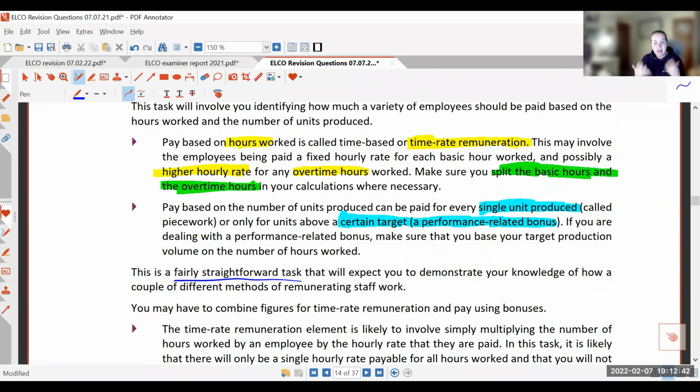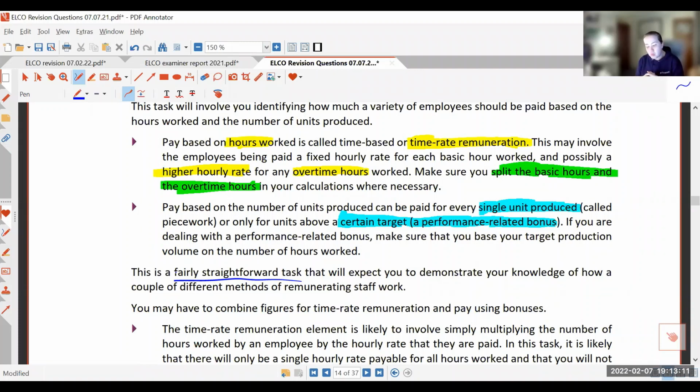It's about being thorough, doing those calculations and checking them. But it does require you to know the different methods, how they work, and in some cases how they fit together. How you can have a job which is mainly time rate, but you've got a piecework element on top with that performance bonus.